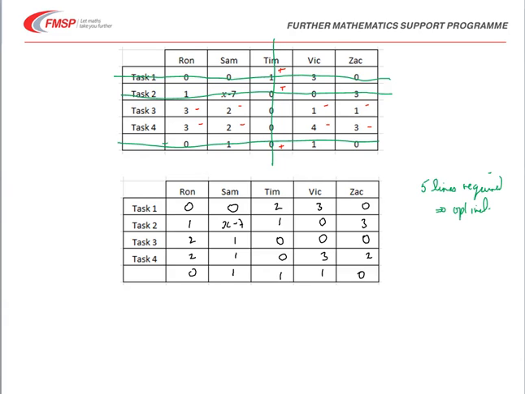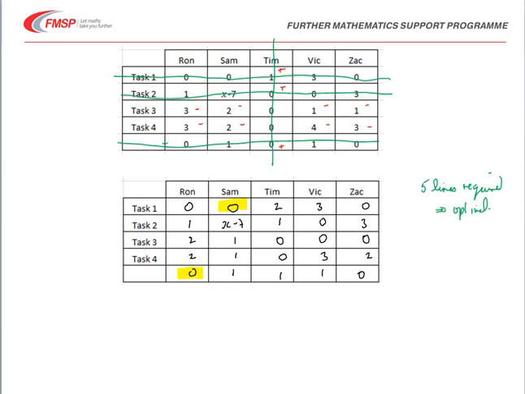The optimal solution will come by allocating the zeros. You can see there's only 1 0 in Sam's row, sorry, I said Sam's row, I meant Sam's column, so Sam must do task 1 there. If you then look at Ron, you can see that Ron can't do task 1, so must be allocated the dummy task there.